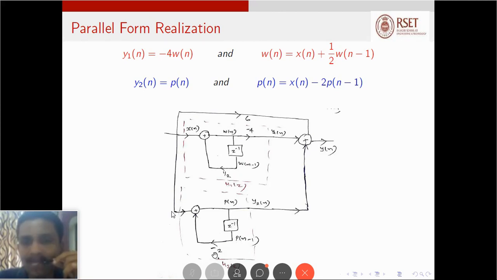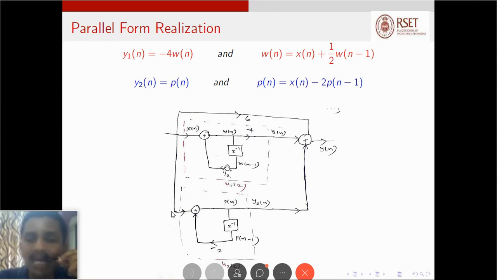Multiply this with minus 2, you will get minus 2 into p of n minus 1, and then add x of n, you will get p of n. Then you will obtain y2 of n. This is the realization of h2 of Z.